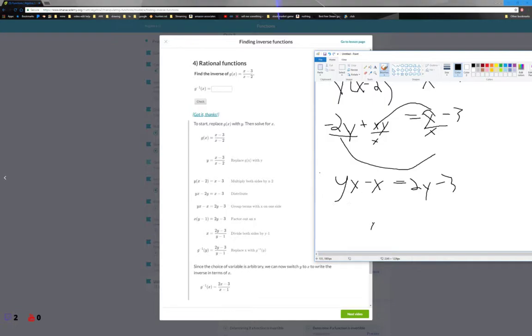Then divide both sides by y minus 1. We need to factor out an x over here. So it'd be 2.